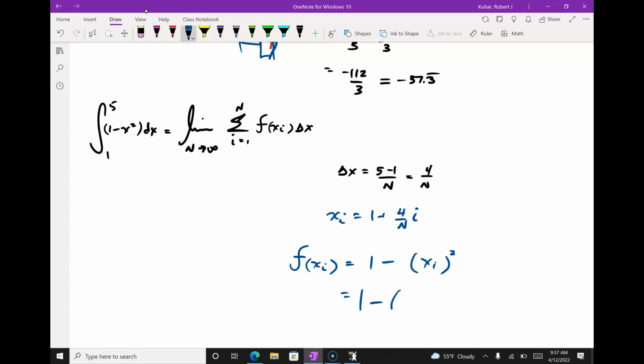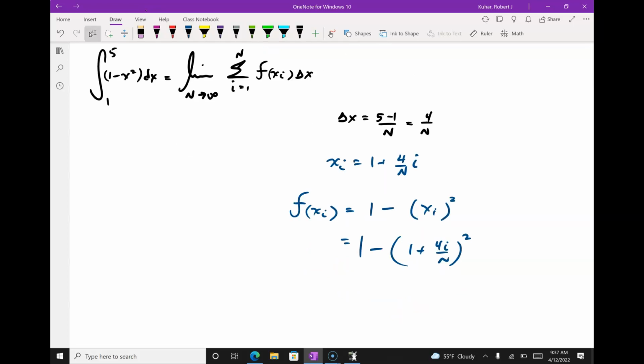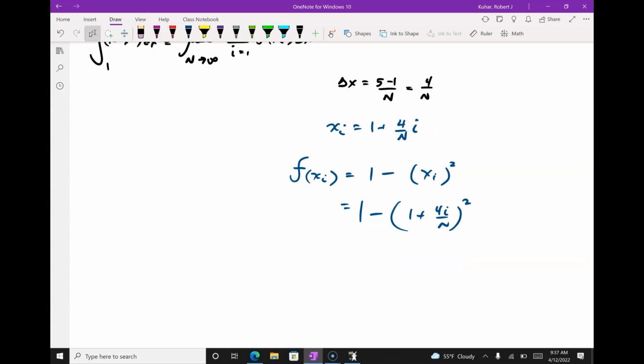So that's 1 minus (1 plus 4i over n) quantity squared. I'm putting in that x sub i value I found. And I want to simplify this as much as I can, so I've got to FOIL, so I get 16i squared over n squared.